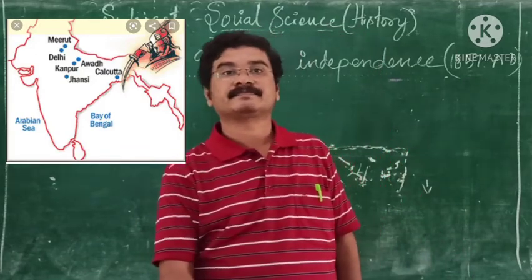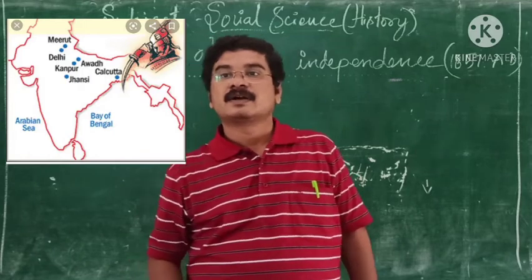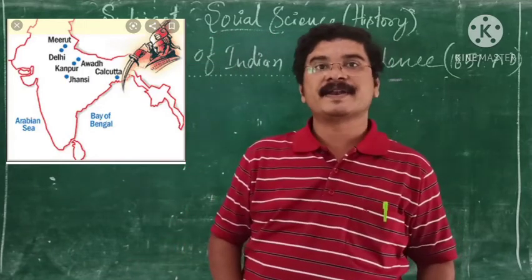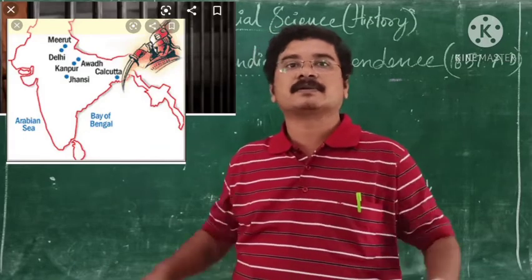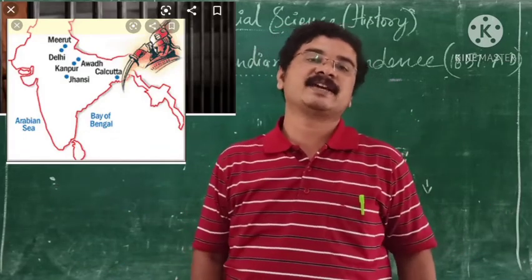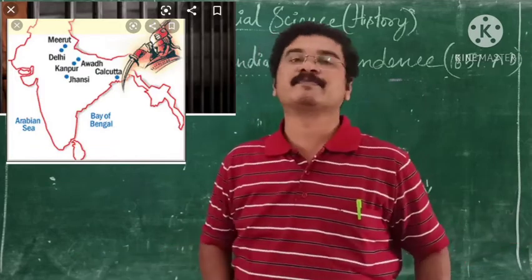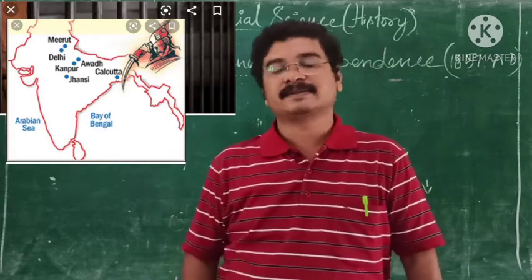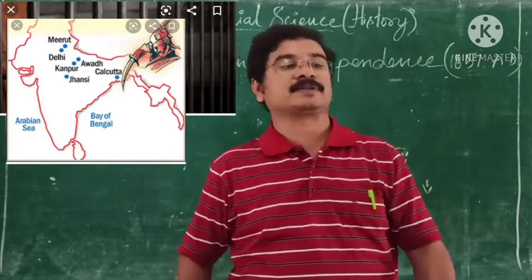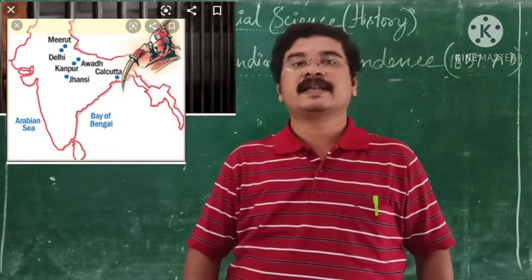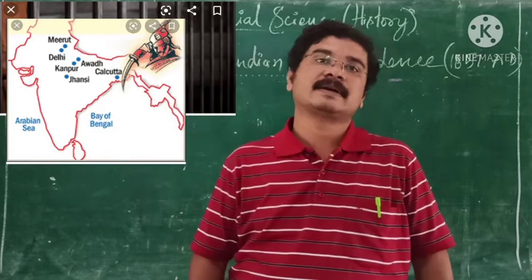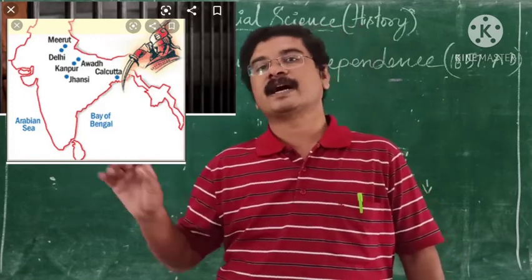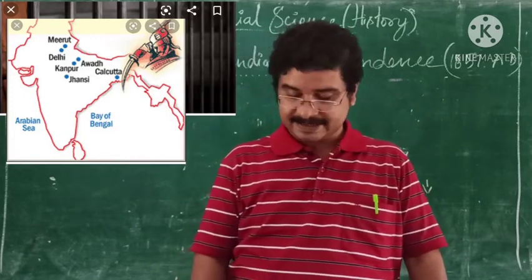Then, when the soldiers revolted against the British officers, many of the Indian soldiers were imprisoned. As a result, there was a revolt in Meerut. Then Indian soldiers rushed into the prison and released the jailed soldiers.